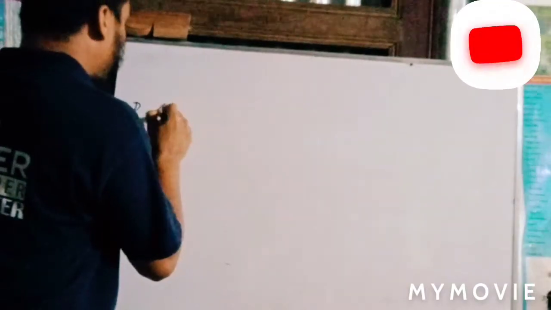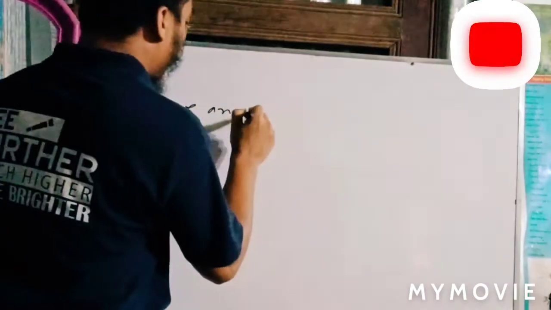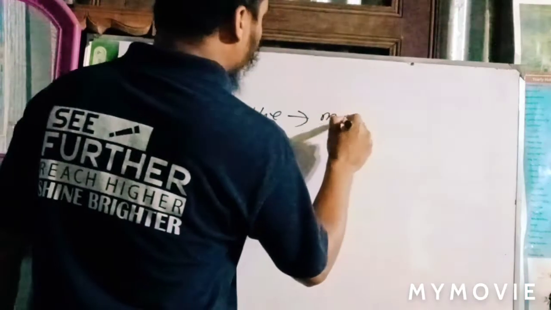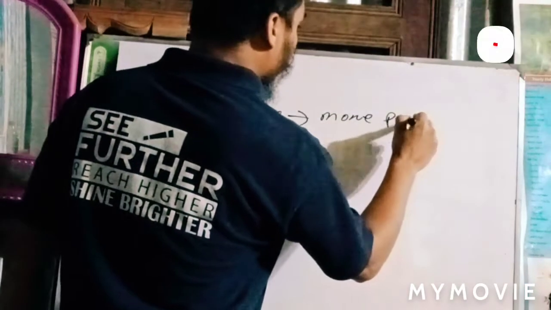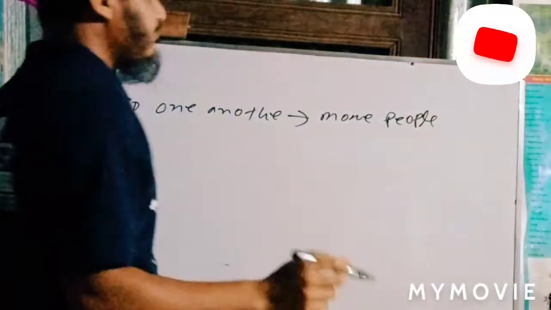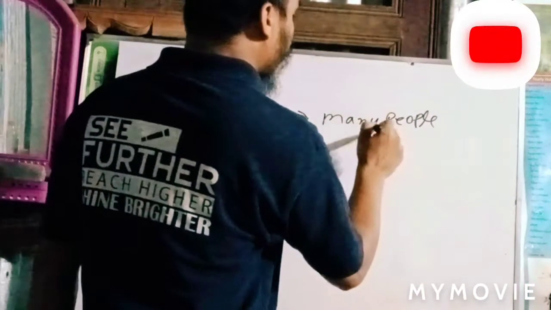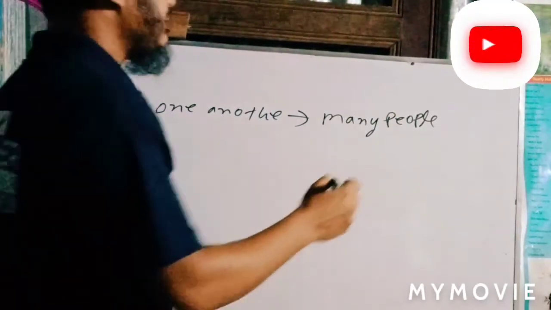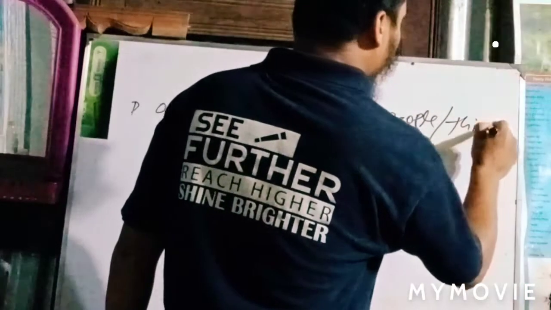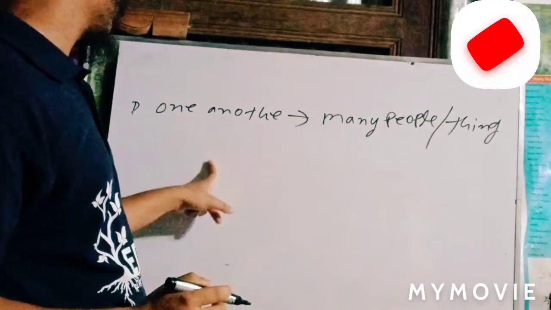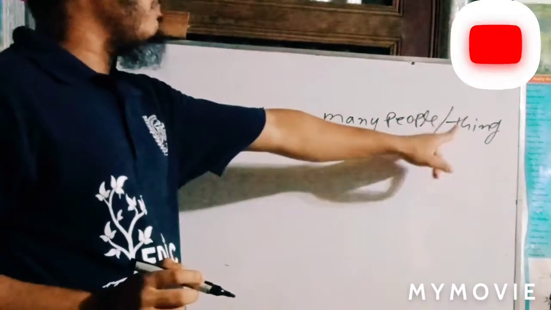If there are more people, one another should be used. One another is for more people or many people. When there are many people or many things, one another stands for many people or many things.